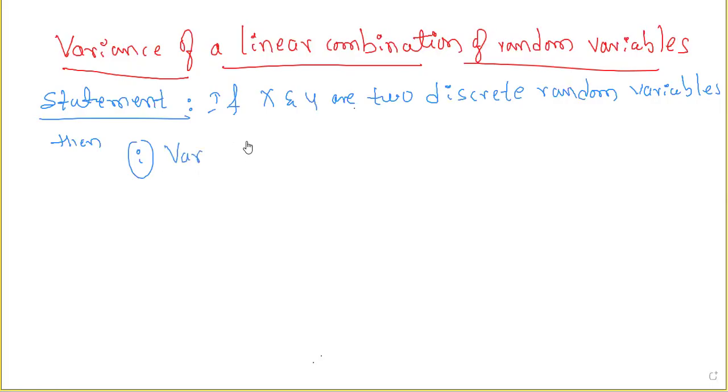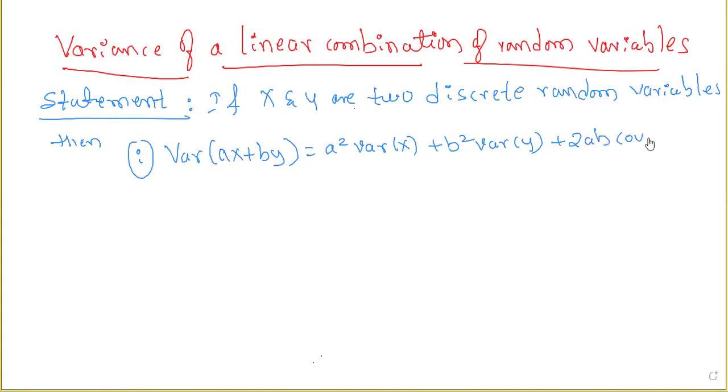One is variance of ax plus by equal to a square into variance of x plus b square into variance of y plus 2 times of covariance of x comma y.